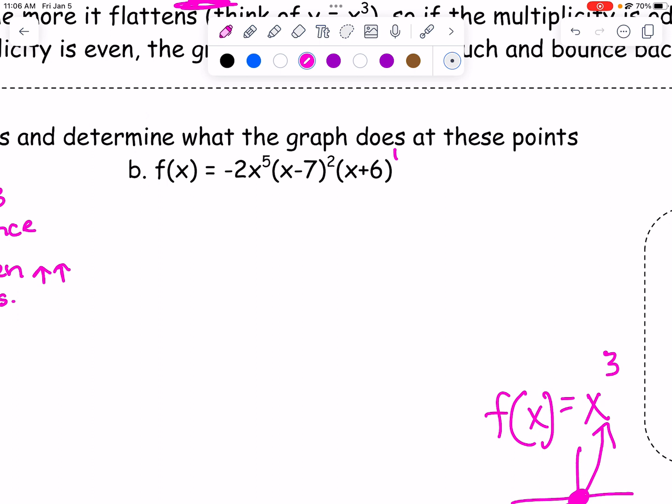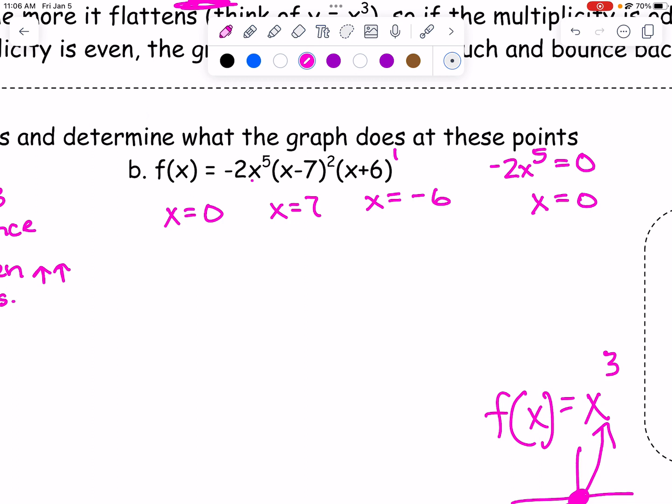We have 3 x-intercepts. We have 0, we have 7, we have negative 6. The degree at 0, because if I take negative 2x to the 5th, set it equal to 0, that's how you find all of them, and solve for x, you're going to end up with x equals 0.